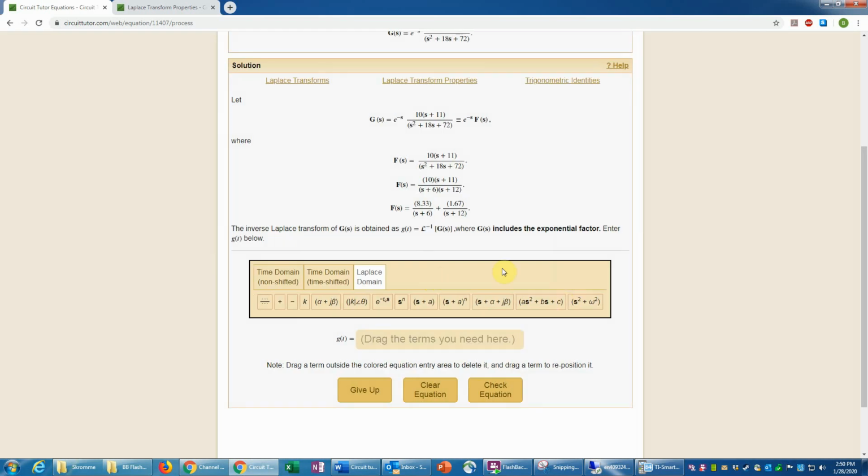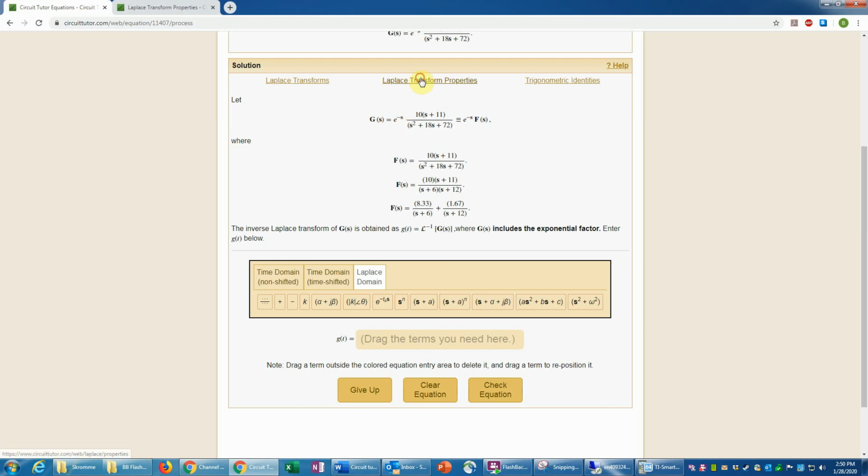And now the final step here is to enter the expression in the time domain. So now I need to look at this, and because I have this g of s thing with this exponential factor, that in fact is time shifting. So that has the form e to the negative t naught s, where t naught is just 1 second in this case.